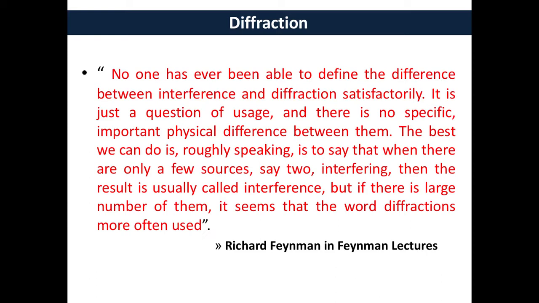But in diffraction, there is a certain area, and that area contains a number of individual points, that is, Huygens wavelets, secondary wavelets. So it can create the diffraction.